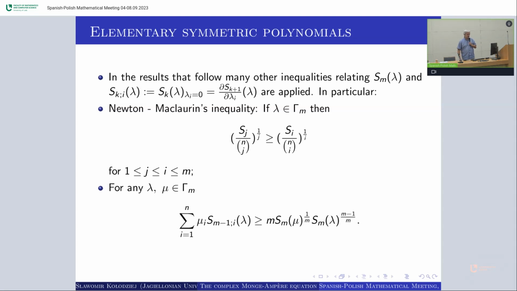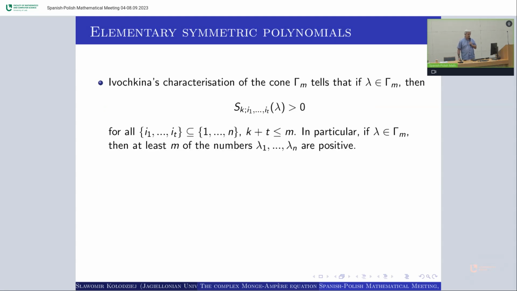There are more special results. For instance, Ivochkina gave a characterization of the cone gamma m, from which in particular you get that at least m of the n lambda j's must be positive.